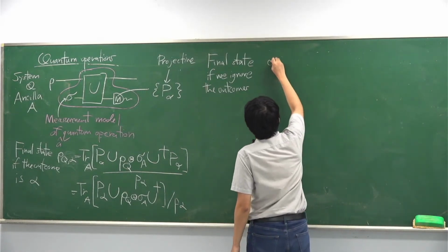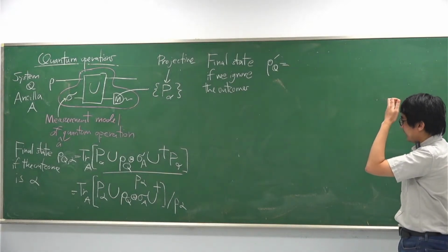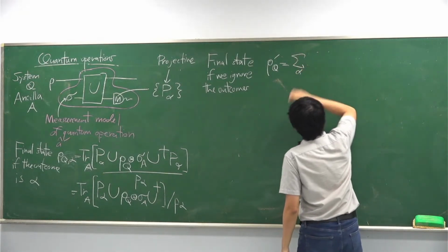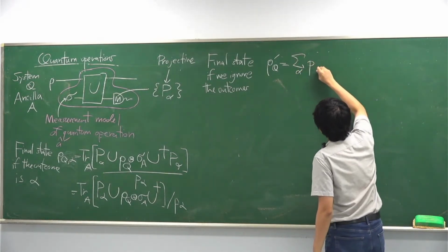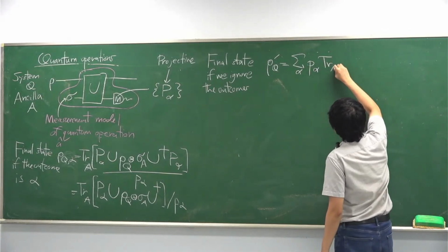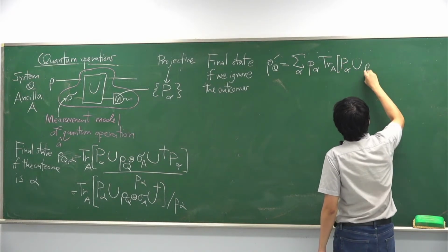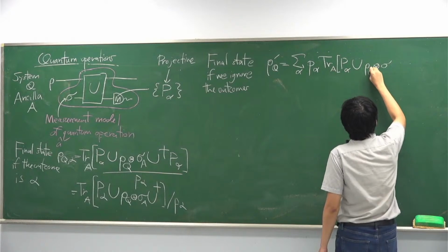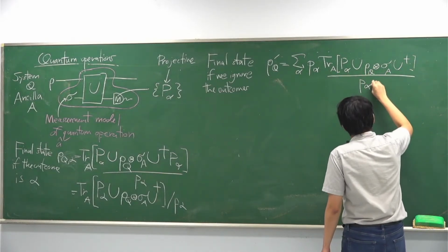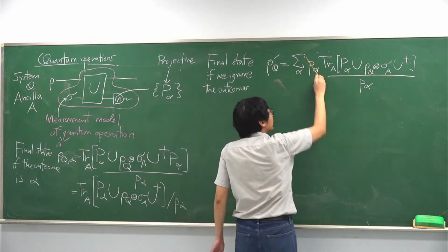So the final rho is just the average over all the outcomes, weighted by the probabilities. And so the probabilities cancel out.